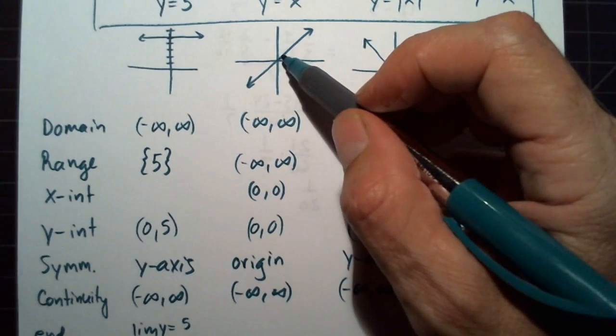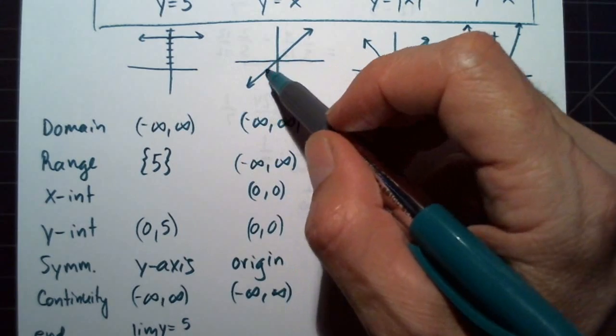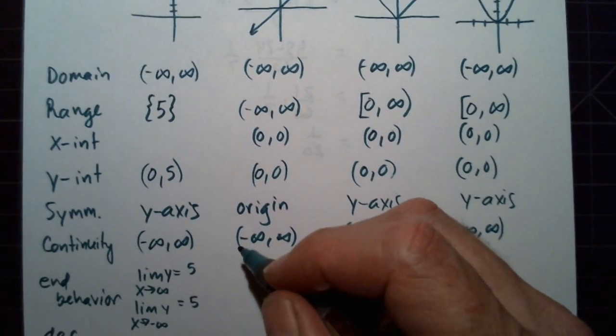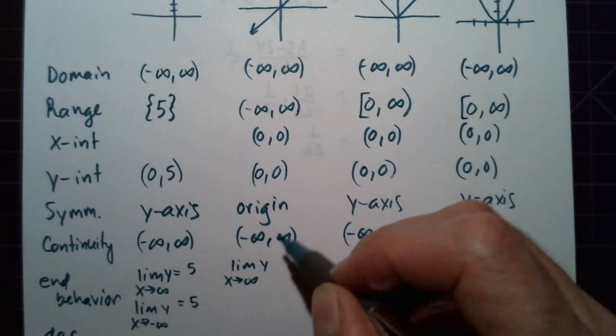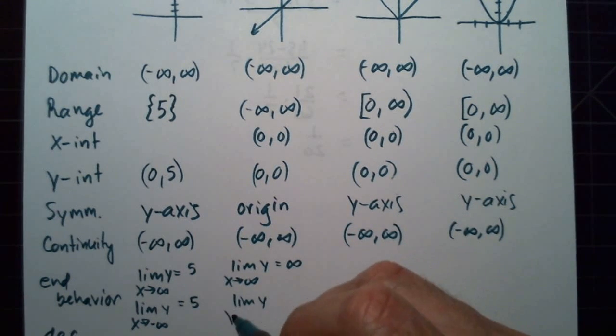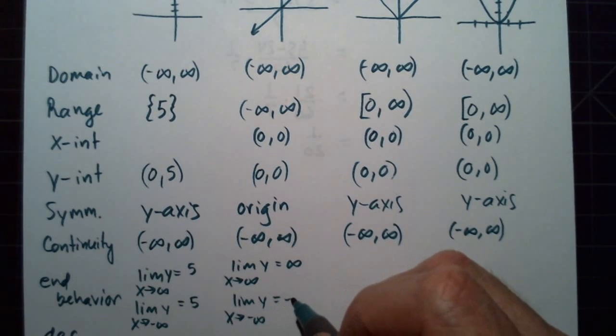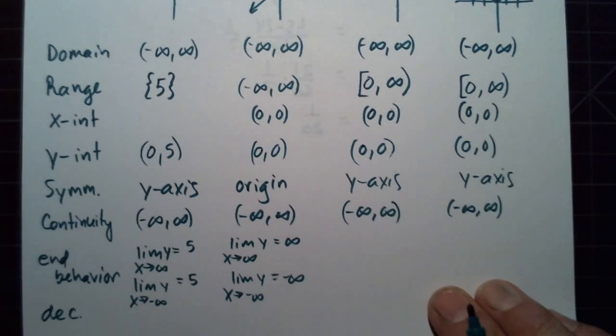Here, as you go to the right, y goes to infinity. As you go to the left, y goes to negative infinity. So we have the limit as x goes to infinity is positive infinity. The limit as x goes to negative infinity is negative infinity. And that's end behavior.